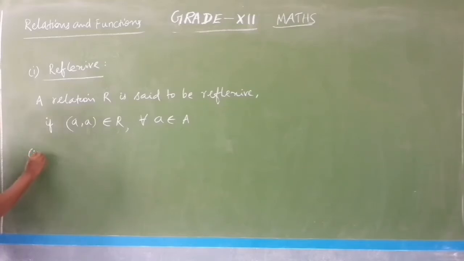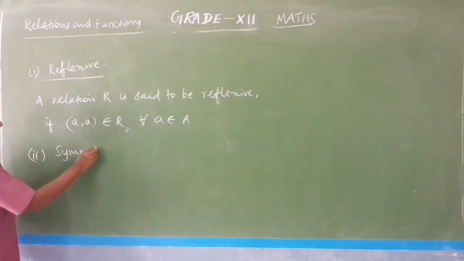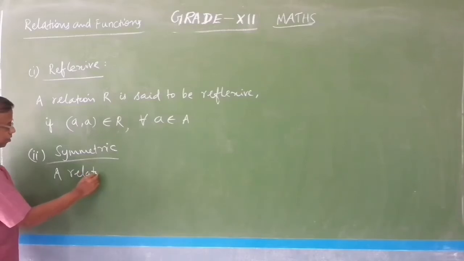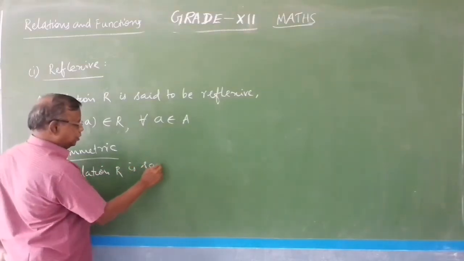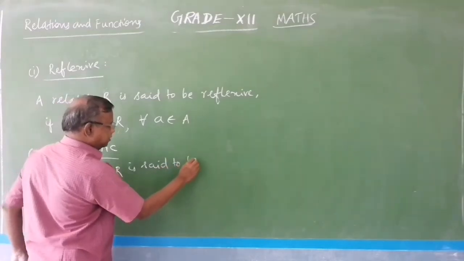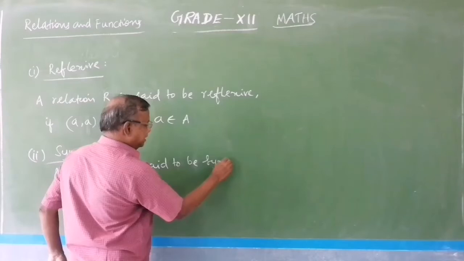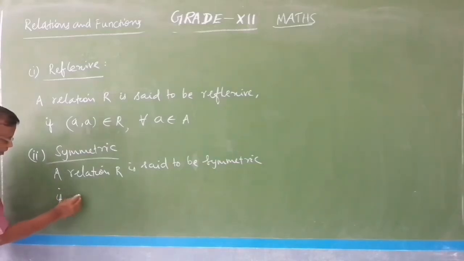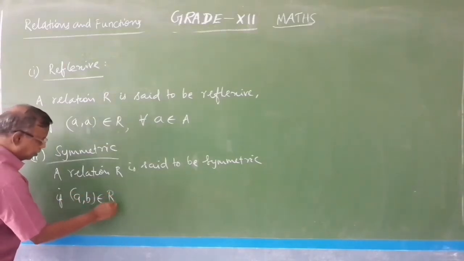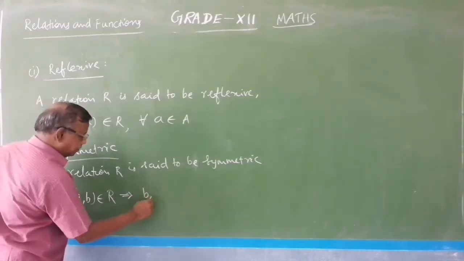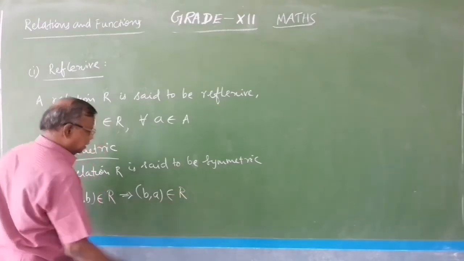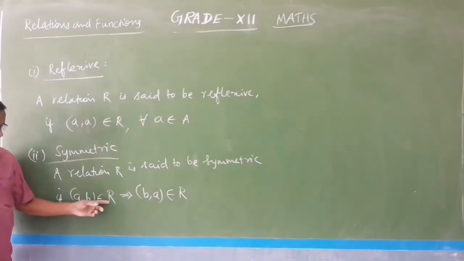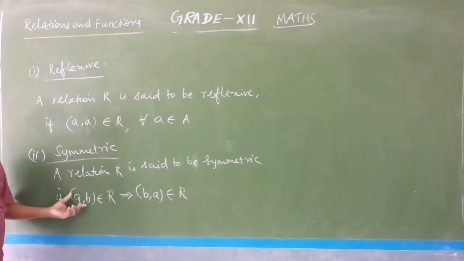The next one is symmetric. A relation R is said to be symmetric if (a, b) belongs to R implies (b, a) must belong to R. That means in a relation, if we have (1, 2) as an element of R, we must have (2, 1) as an element of R. So that is the condition.